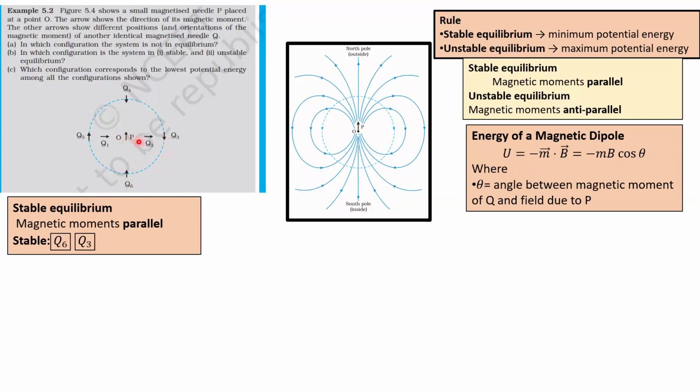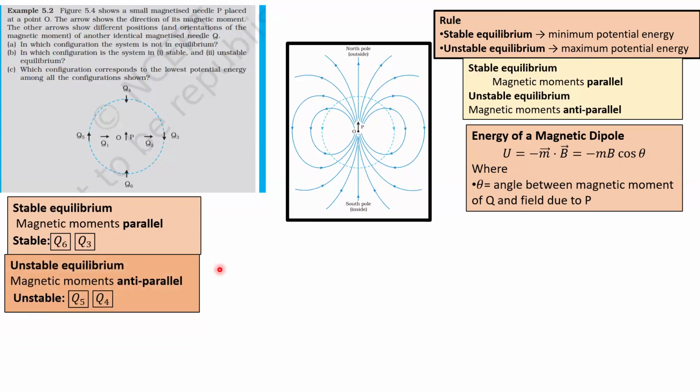But Q3, if you observe like this, it looks opposite, but you have to refer to the field lines. The field lines are coming downward. Q3 is kept here. Now compare the arrow mark of Q3 with this arrow mark. Both are the same, right? Both are in the same direction. So Q6 and Q3 both are parallel.